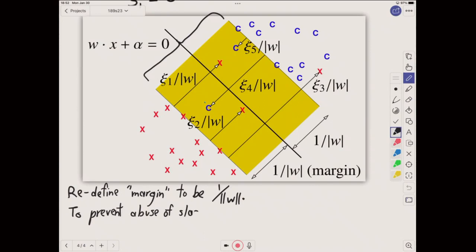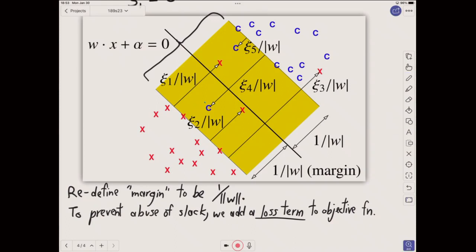And so the way that seems to work best to keep the slack from getting too large, to keep too many points from violating the margin, is that we add an extra loss term to the objective function, which is basically the sum of all the slacks. So we're not only trying to minimize the length of W, now we're trying to minimize the sum of all the slacks as well. And that's going to give us the following optimization problem.